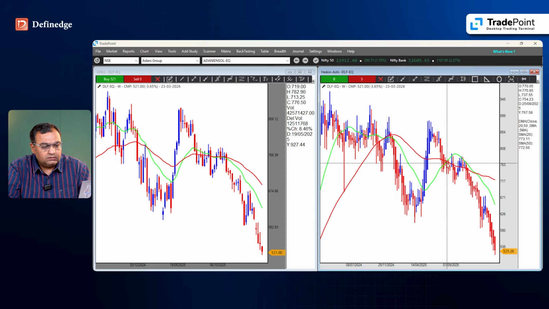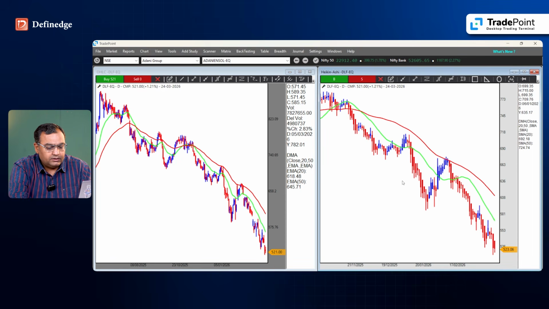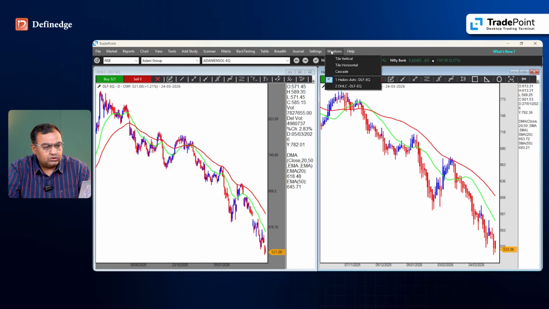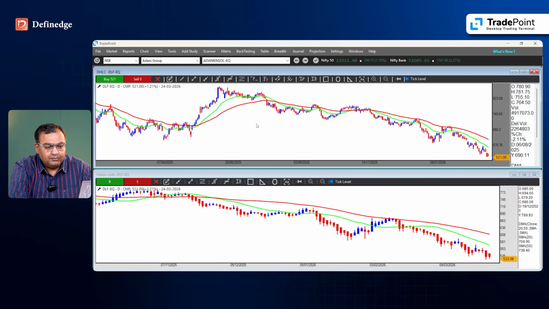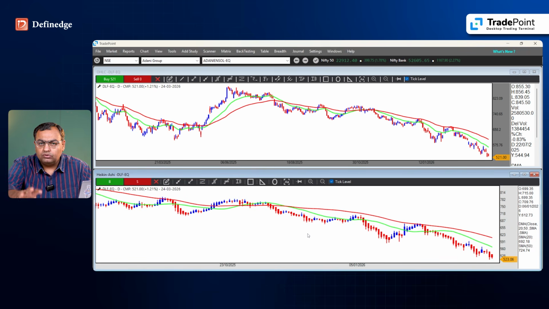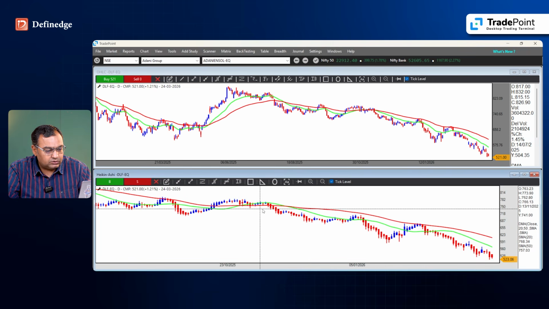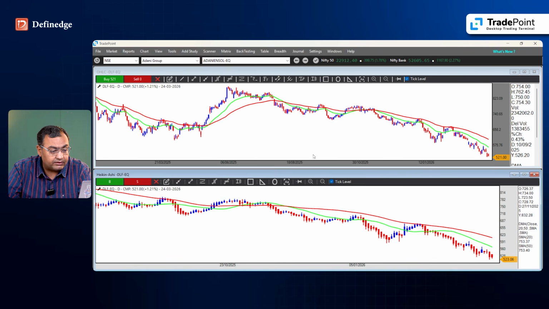Now this is the daily chart. I'm moving on to the daily chart, and let me pull this chart to horizontal. Now if I am trading, I am taking a simple theory: bullish crossover, bearish crossover. So let's take this candle, which was on 27 November 2025.